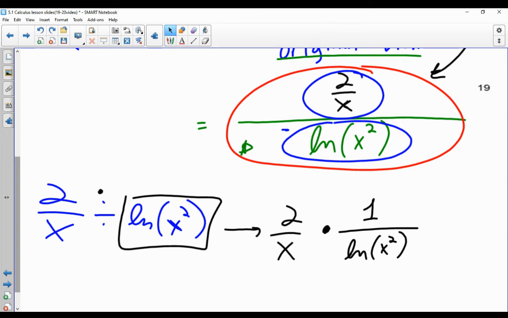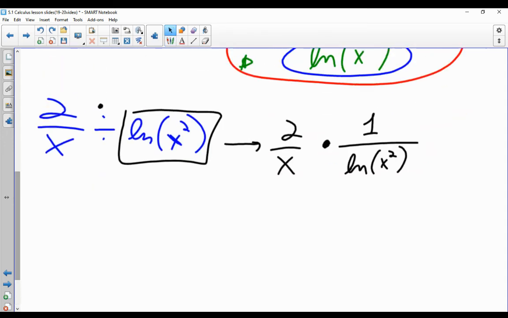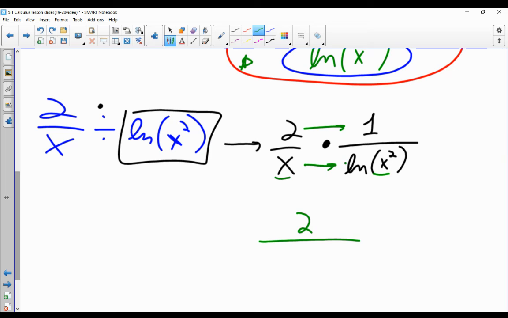Once I have that part, now you just need to multiply the top parts and the bottom parts. On the top, you'll get 2 times 1, which is 2. On the bottom, you'll just have x times natural log x squared. And sadly, the x and the x squared cannot multiply because one is with natural log, the other is not. So you're just going to leave that as x times natural log x squared.